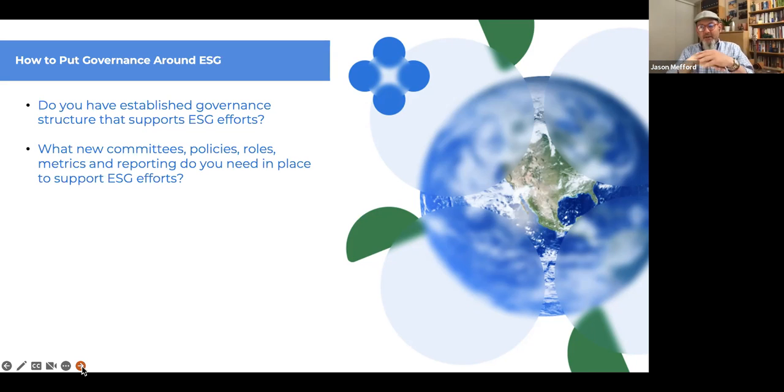And again, I can't give you a laundry list of exactly what they're going to be, but answering some of those previous questions that we've talked through is going to help you start to come up with what's right for you to be able to support putting governance, putting management, and putting some sort of assurance around whichever one or two or three of these efforts you find most important that you want to start working on first.